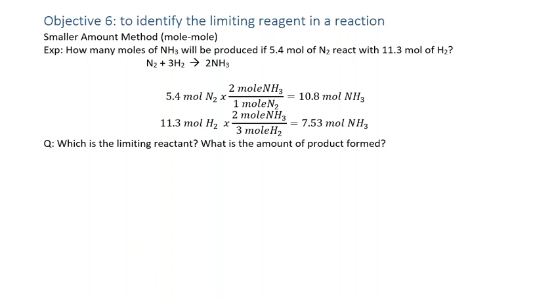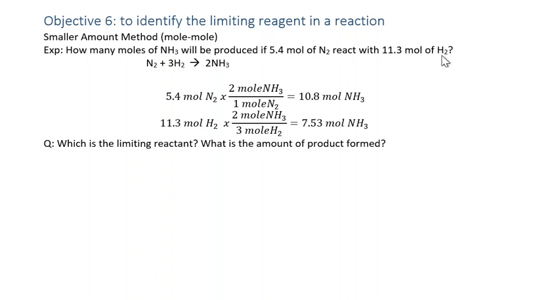So there's a couple of ways to solve this, and let me show you how you could go about doing that. So one is look for the smaller amount method, the mole-to-mole way, okay? Here's our question. How many moles of ammonia would be produced if 5.4 moles of nitrogen react with 11.3 moles of hydrogen?